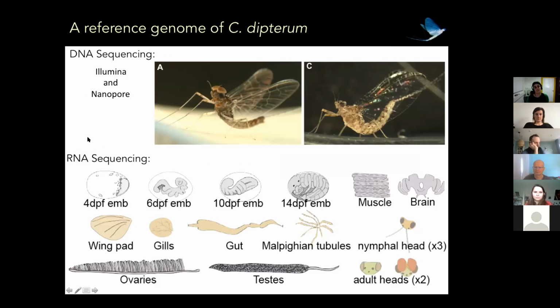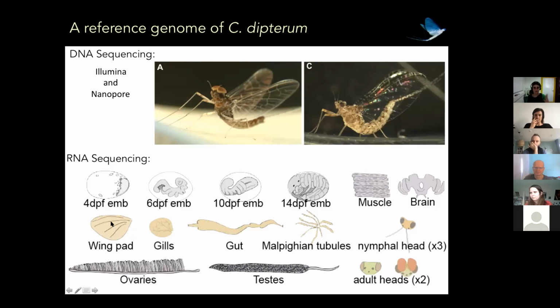So we didn't only sequence the genomic DNA, but we also profiled multiple RNA samples of different developmental stages, embryonic stages, or different tissues in nymphal or adult stages.